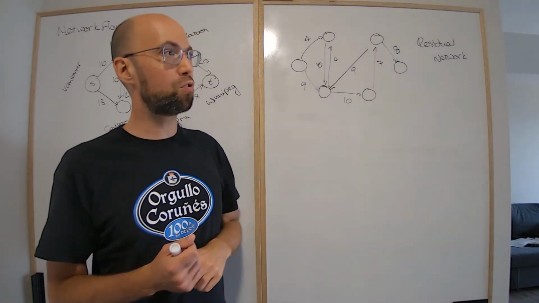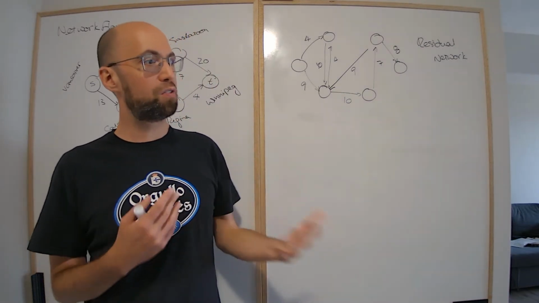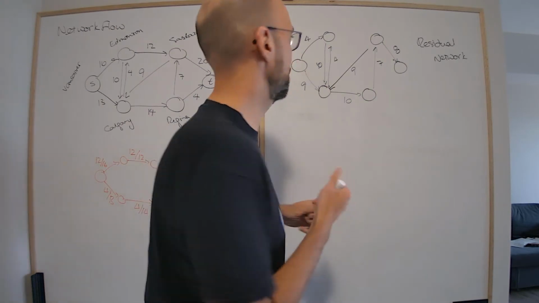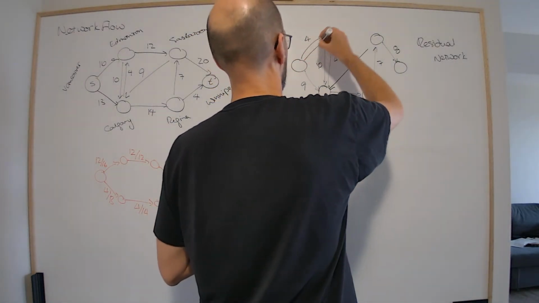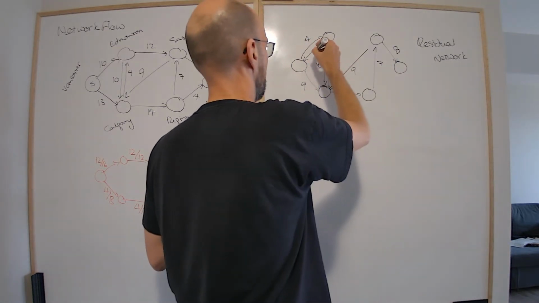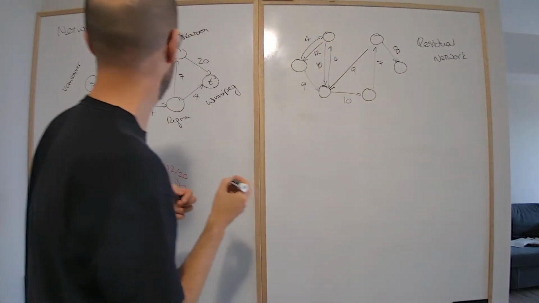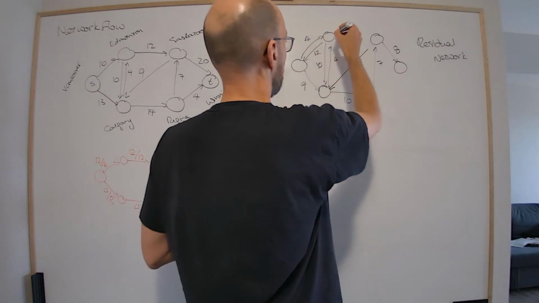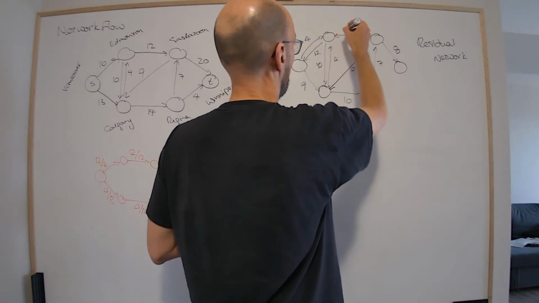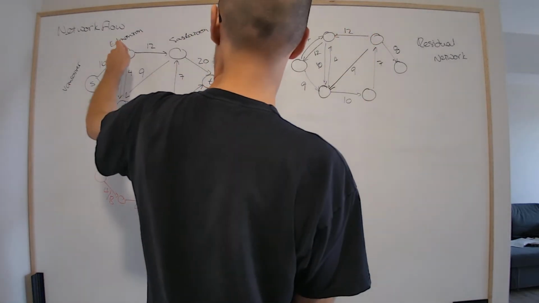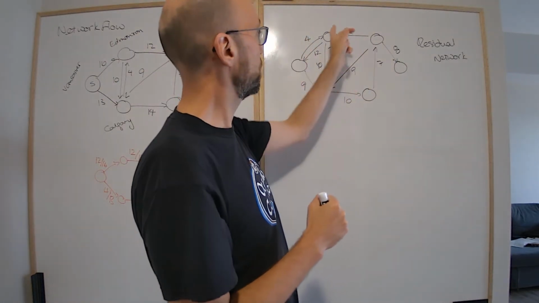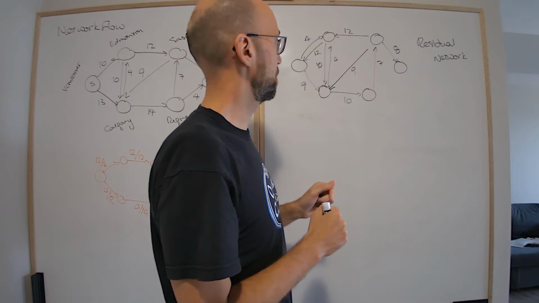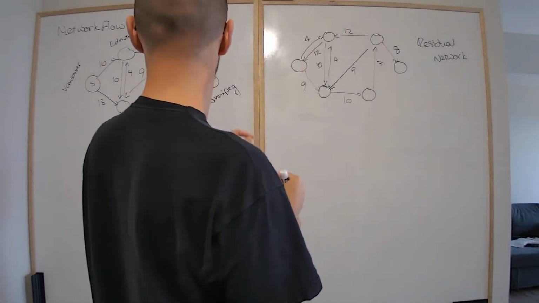So how do you draw this possibility to subtract? Well, you draw it by putting an edge in the other direction, okay? So instead of shipping 12 from Edmonton to Saskatoon, to say that we could reduce that, we draw an edge going backwards. So this is 12, this is 12.